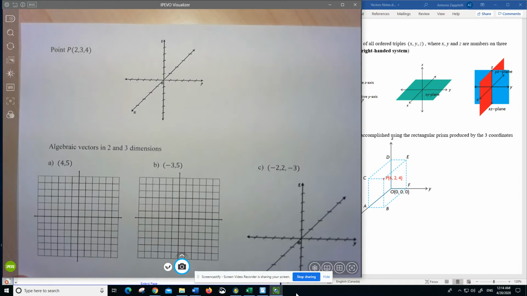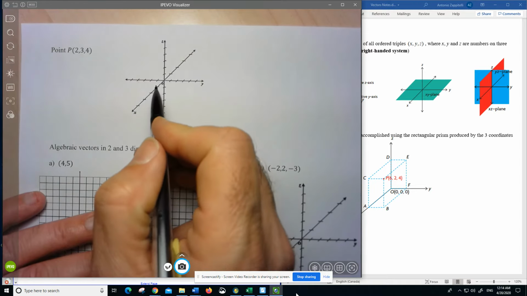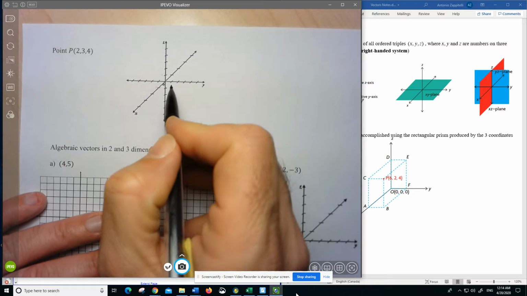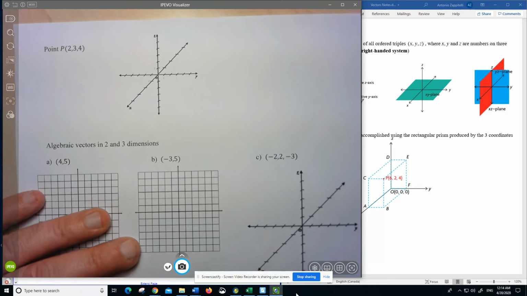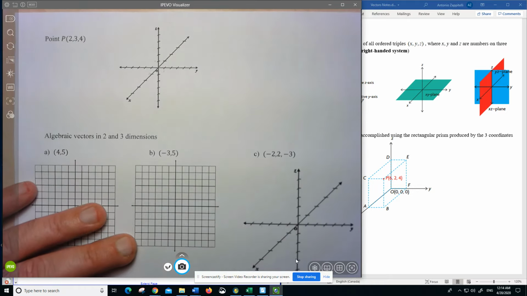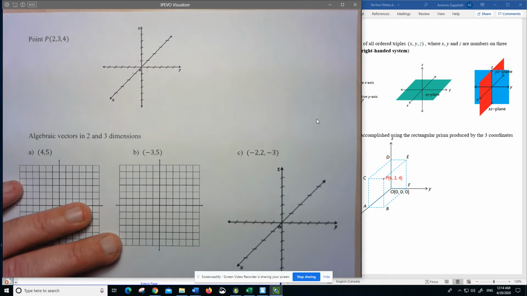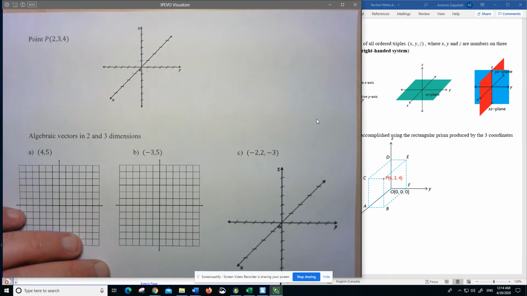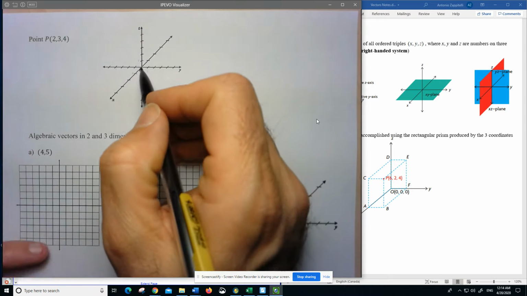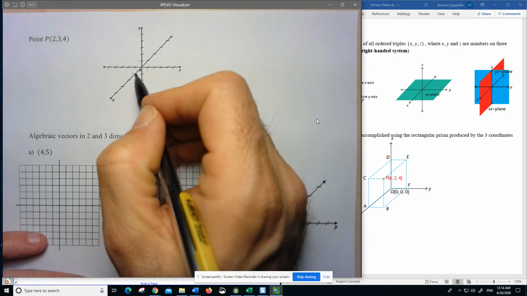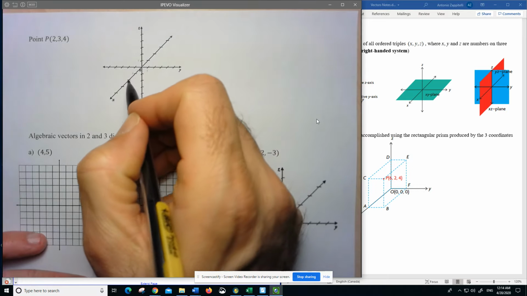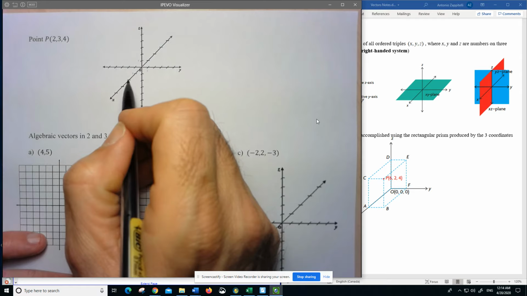I'll just show you what this would look like here. So let's assume everything goes up by 1. Okay, so I want to plot the point 2, 3, 4. Okay, so here I'm going to start at 0, 0, 0, and I'm going to go 2 in the x direction, and then I'm going to go 3 in the y direction.